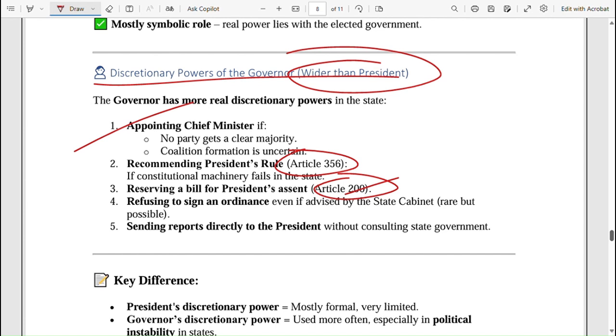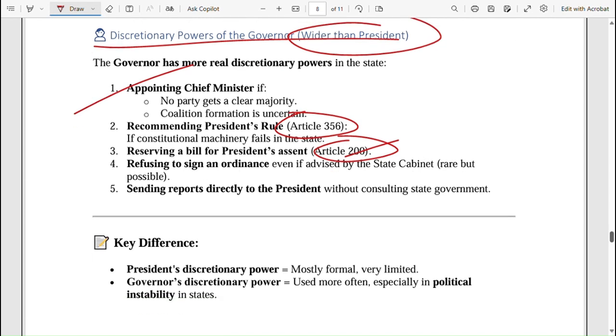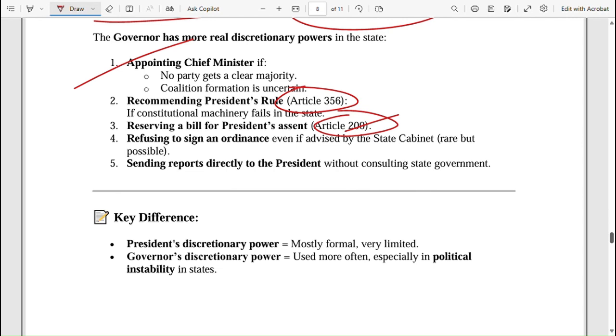And also he can refuse to sign an ordinance even if advised by the state cabinet. This is just a rule, but it will not happen because the governor is selected according to the present ruling government, right? So he will be their member itself. These are just formalities that have to be followed.